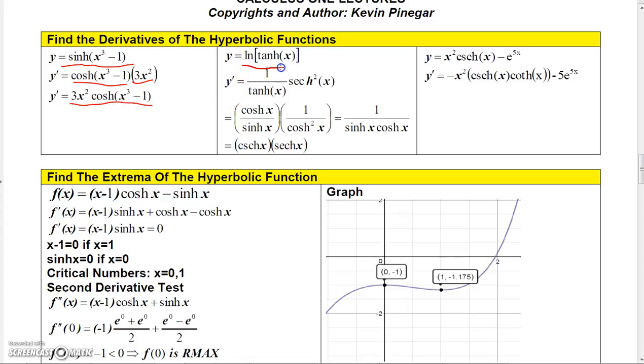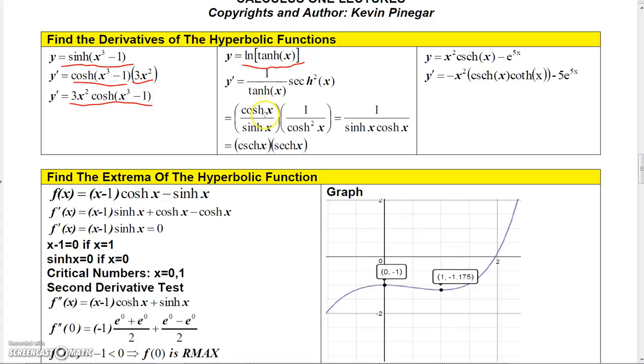If you want the derivative of natural log of the hyperbolic tangent of x, well, since this is natural log of something, the derivative of natural log of u is 1 over u, so that'd be 1 over the hyperbolic tangent, and then you would have to multiply by the derivative of hyperbolic tangent, which would be hyperbolic secant squared x.